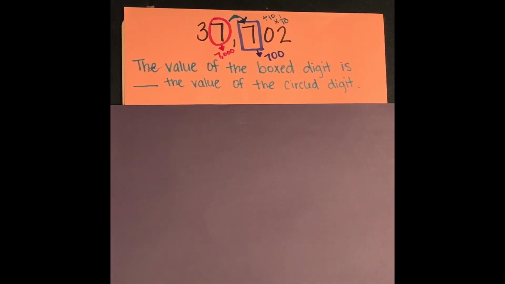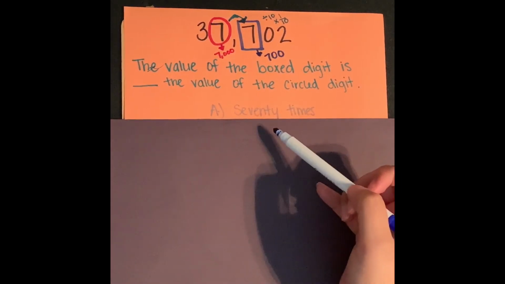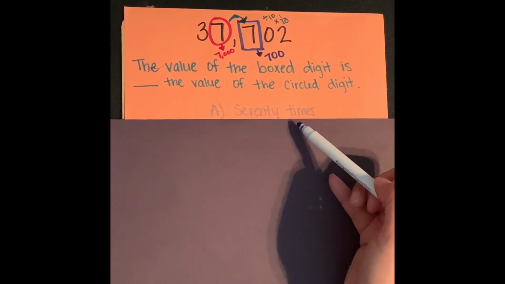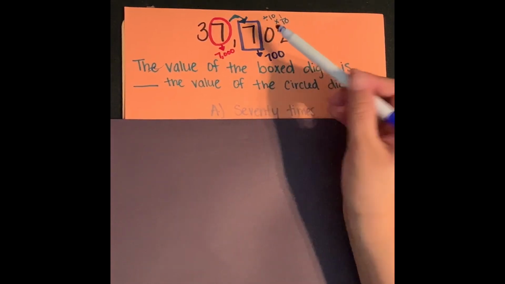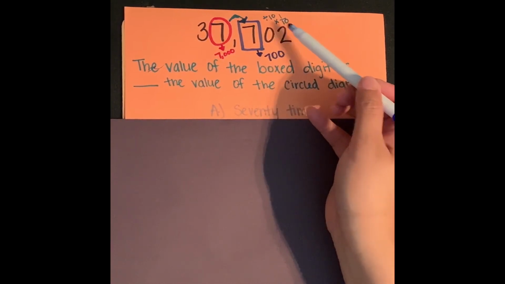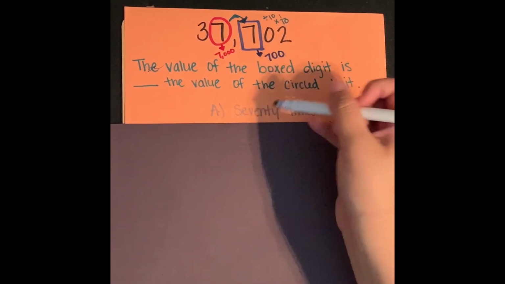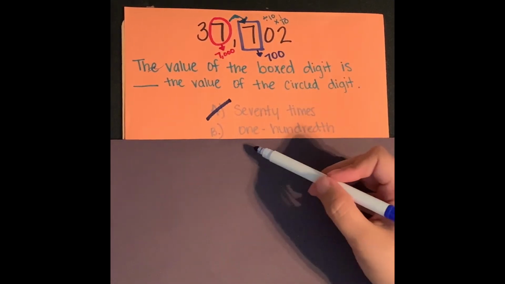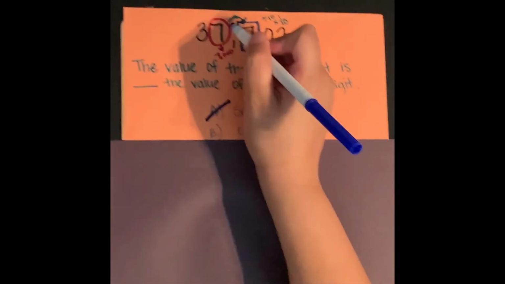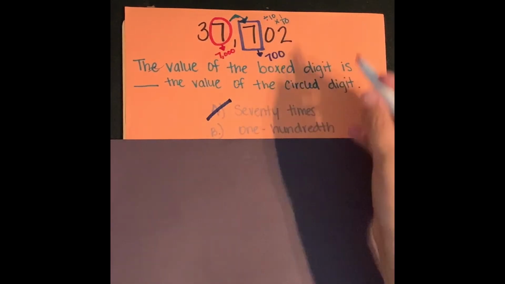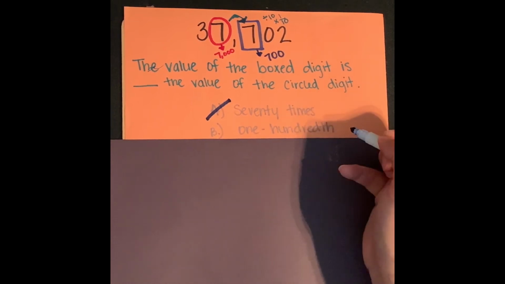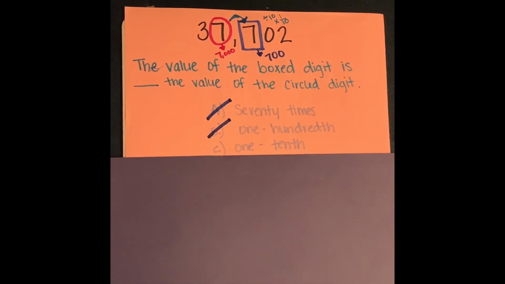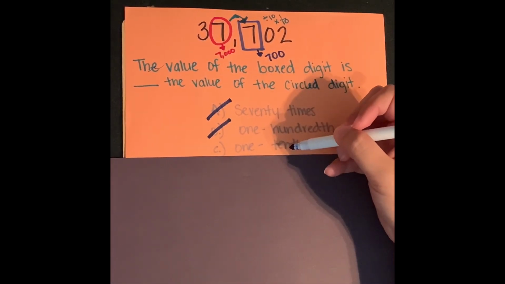But when we go to the right, it is divide by 10 or times 1/10. So if we look at our answer choices, it says 70 times. We know this is wrong because place value is a base 10. It would either be times 1/10 or divide by 10. So 70 times is wrong. Then we have 100th. Because they only moved over one place value, it did not go 100th. So B is out. C says 1/10.